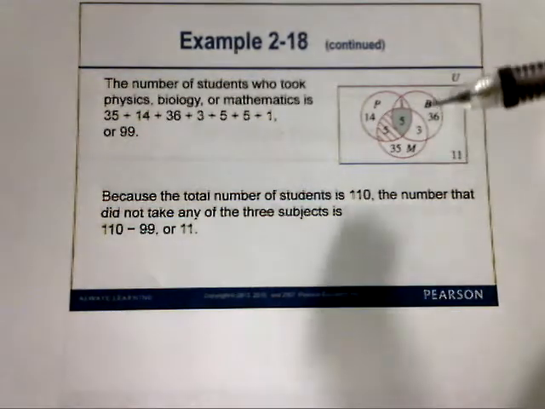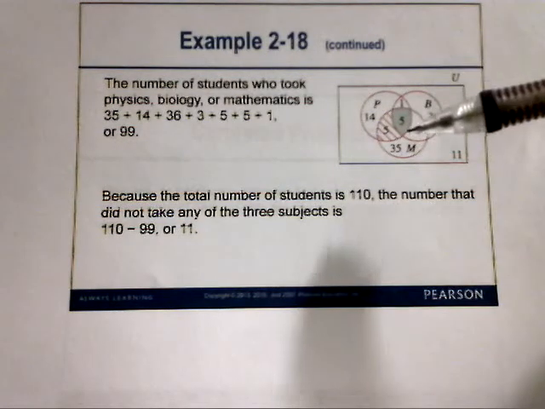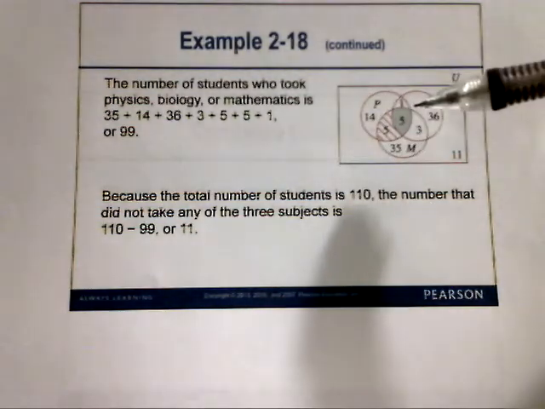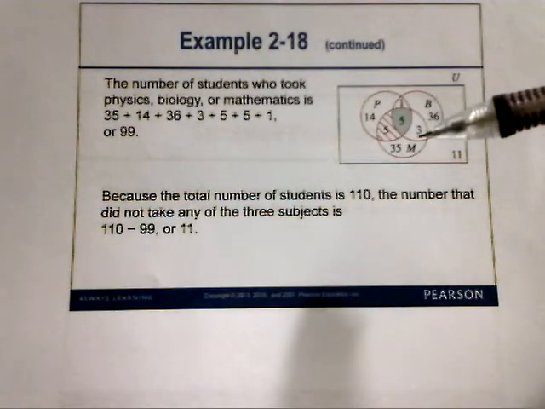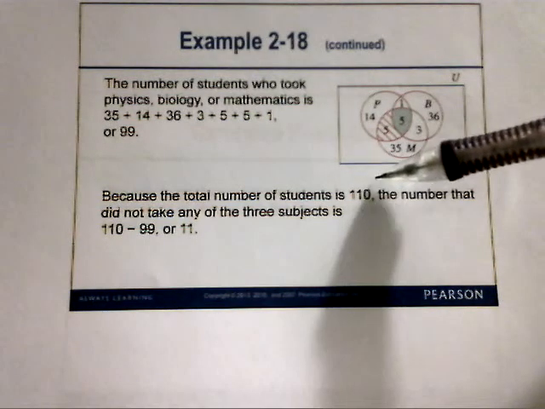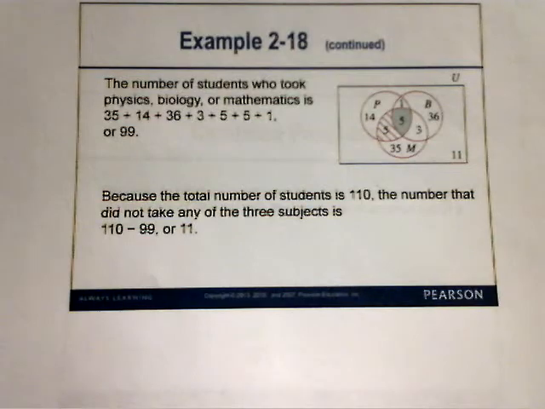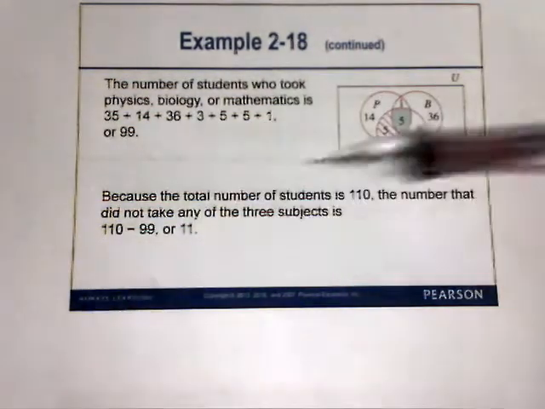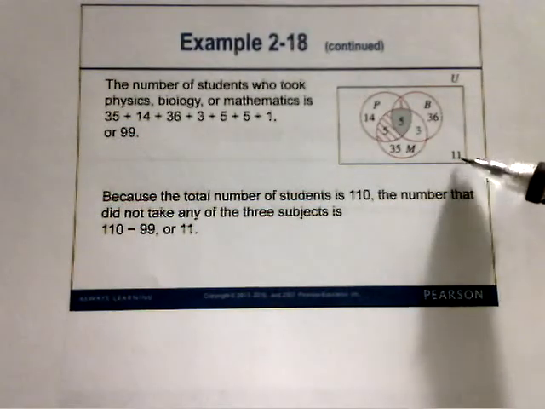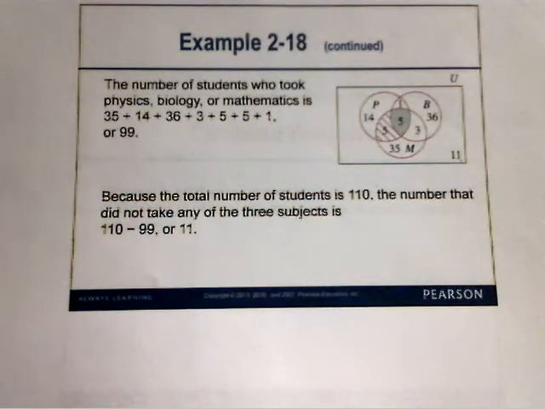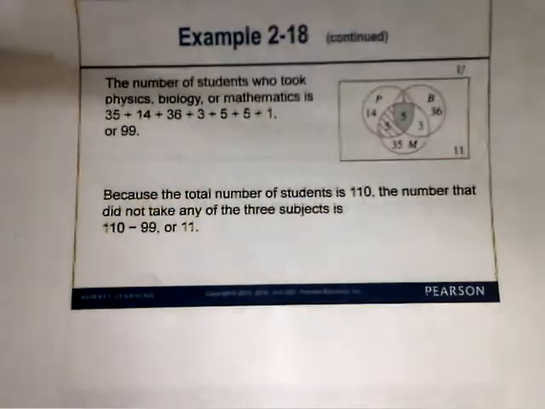And the word or means you're putting all of them together. So that's 99. But 110 students were surveyed. So we want to find out the number of students that didn't take any of these 3 subjects. So take that 99, subtract that from 110, you're going to get 11. And 11 will be on the outside. So in this case here, 11 students did not take any of the 3 subjects.